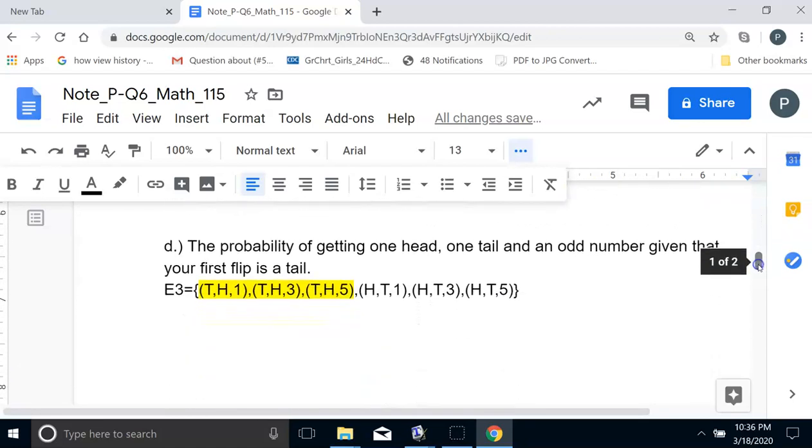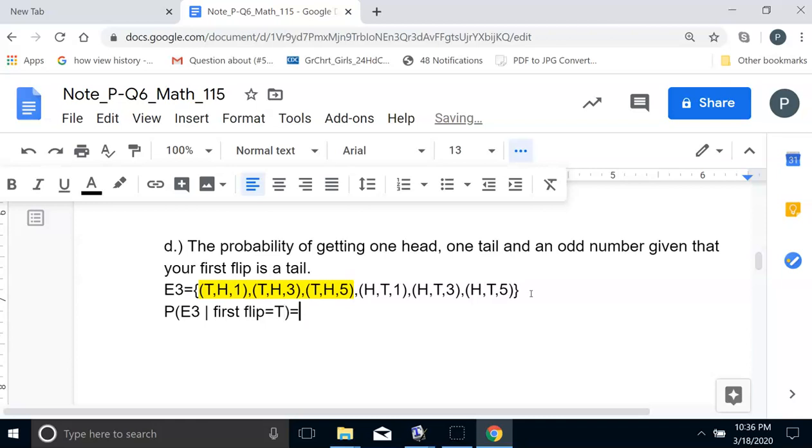So how you write this is the probability of E3 given that. To write given that, you write a vertical line. So given first flip equals tail.